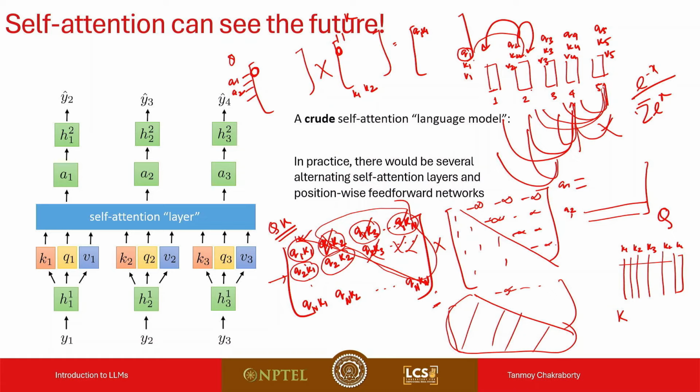So when an element is minus infinity, e to the power minus infinity is what? 0. After softmax, this part will become 0, and the remaining part will essentially follow the softmax rule.